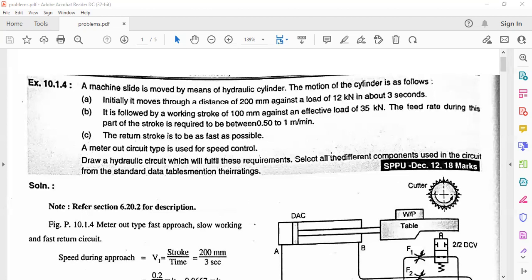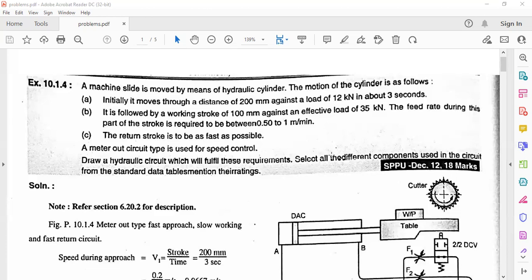So, a machine slide is moved by means of a hydraulic cylinder. The motion of the cylinder is as follows. A. Initially, it moves through a distance of 200 mm against a load of 12 kilonewton in about 3 seconds.